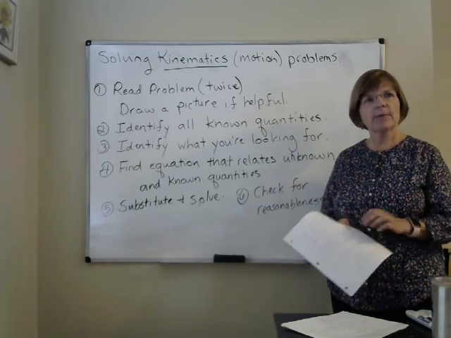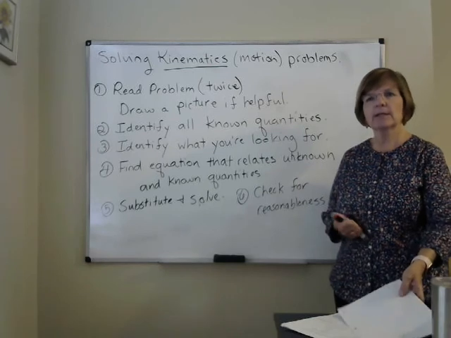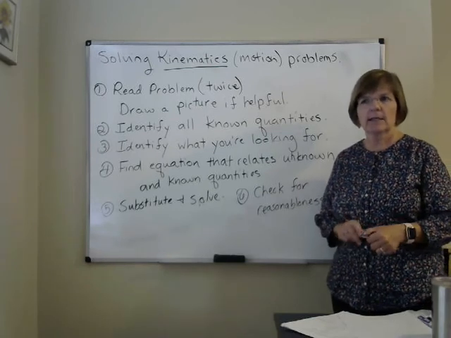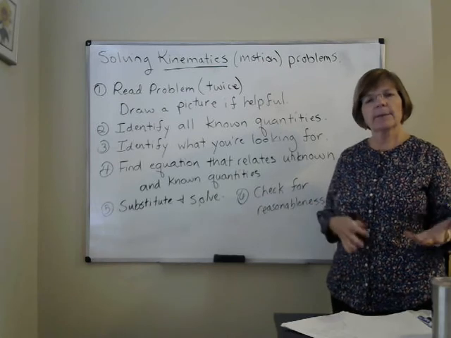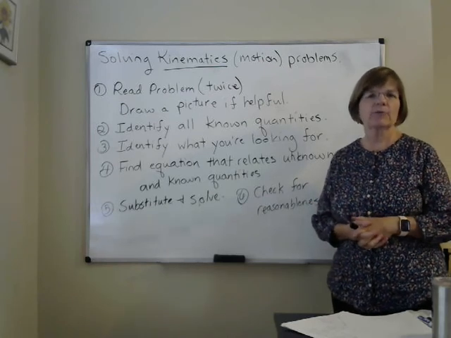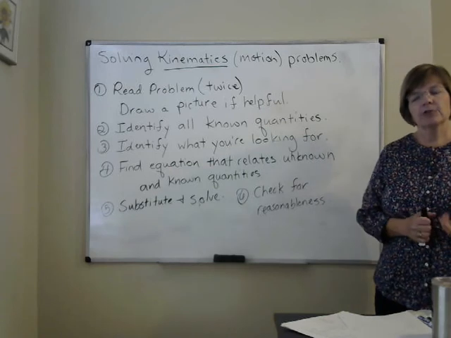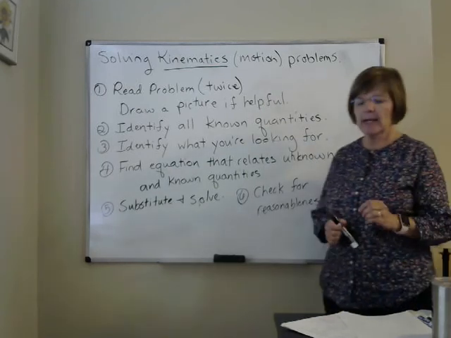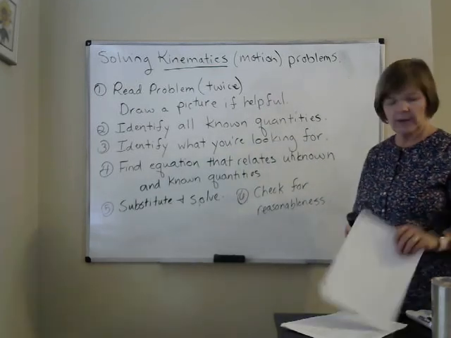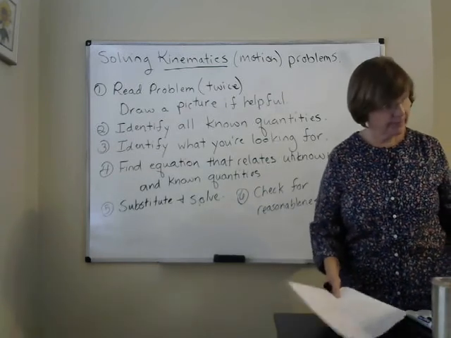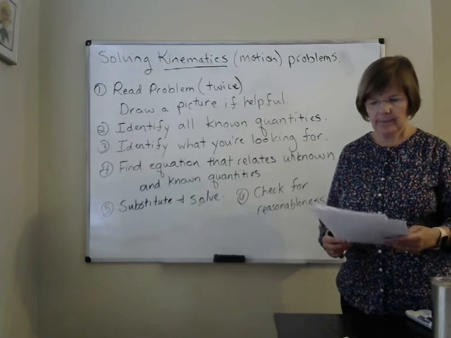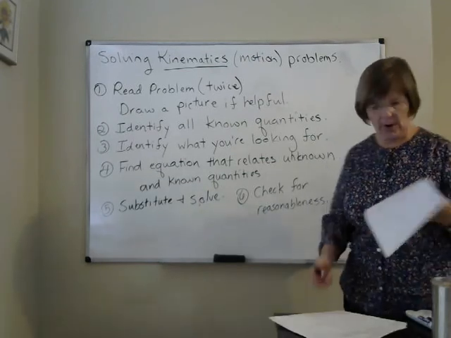But in other problems, you should have a pretty realistic feel for things. You'll get a better gauge of how fast things should be moving. But just look at the answer and make sure that when you're done, you think that was a reasonable answer to get. All right, let's work a problem.